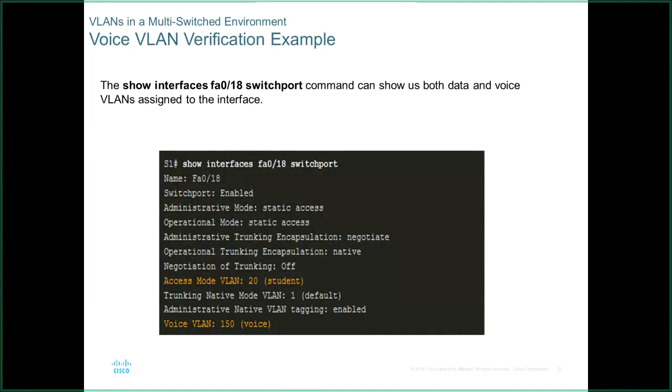With the configuration of it, it will come up under show interface, the interface number and switchport, and what you're looking for is access mode. It'll define which VLAN is the data VLAN and your voice VLAN. It'll tell you which trunking VLAN is native. So all this information is there.